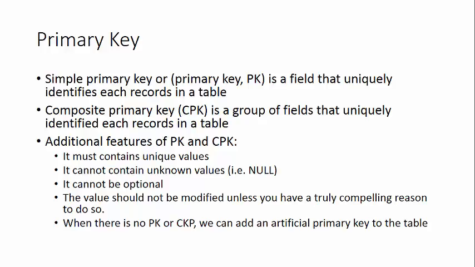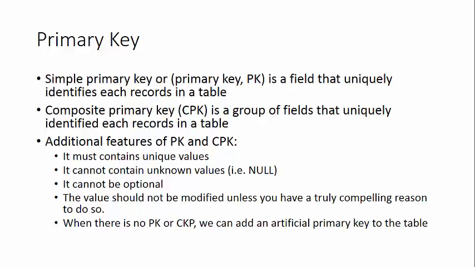And there are additional features for a primary key or composite primary key. It must contain unique values because it is used to identify each and every record, so it cannot have duplicate values among different records. So it must contain unique values, and it cannot contain unknown values.